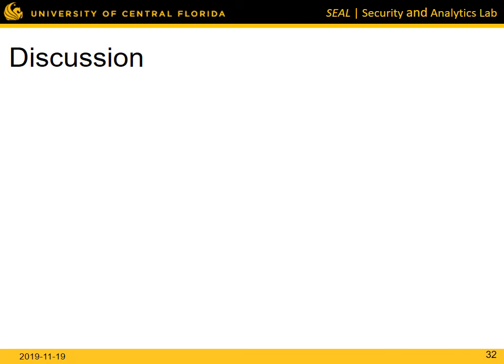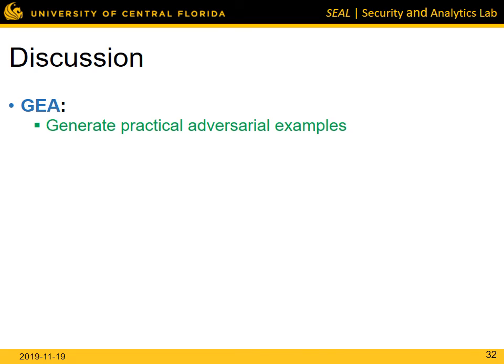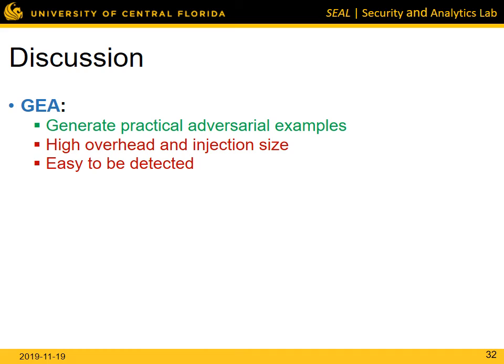GIA actually generated adversarial examples that are practical, preserving the functionality and practicality of the original sample. However, to achieve a good misclassification rate, a high injection size is required, resulting in an easy-to-detect adversarial example.